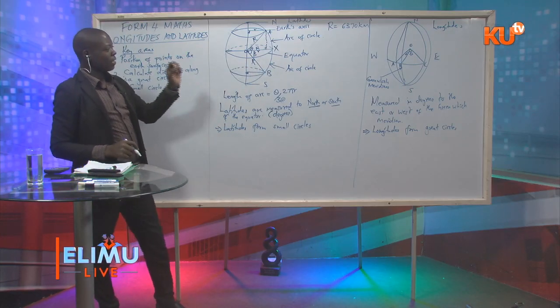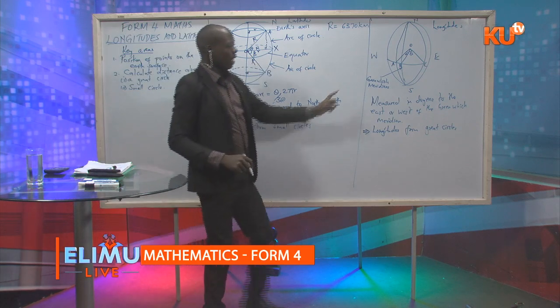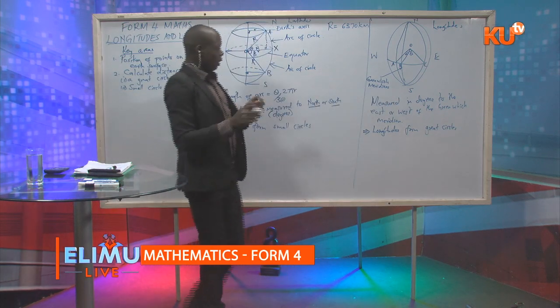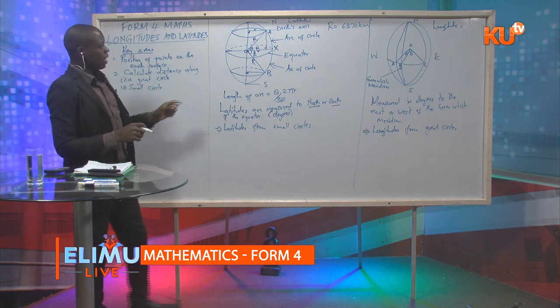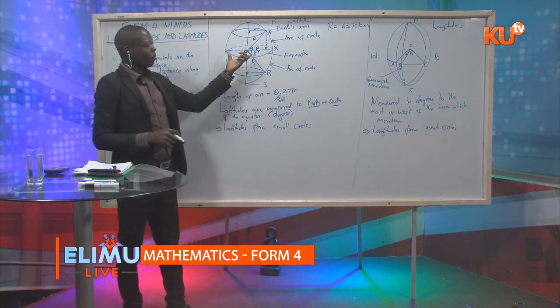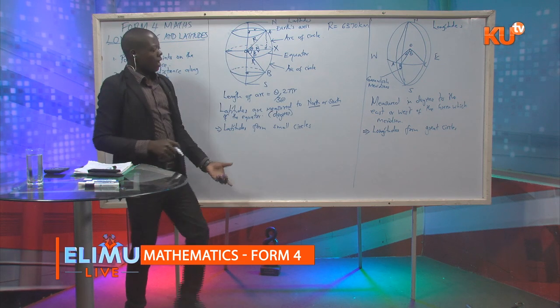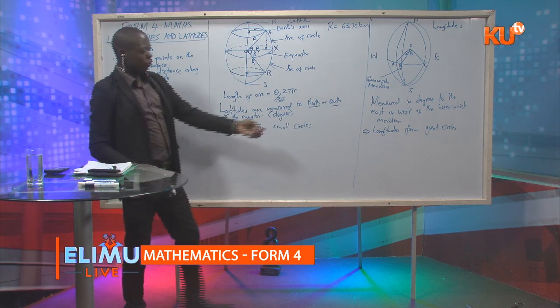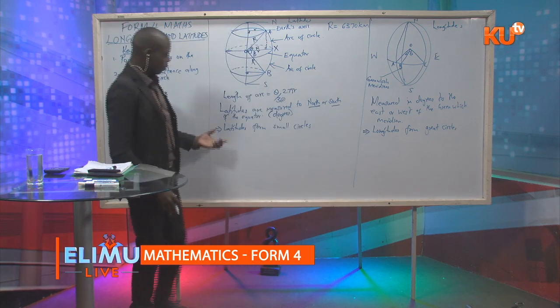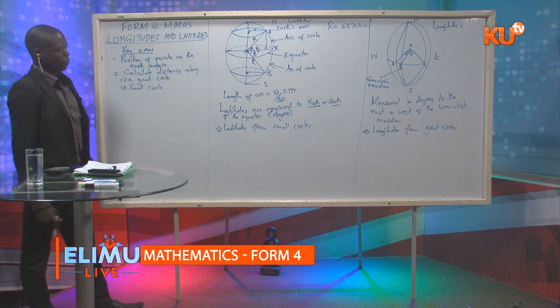The equator serves as both a small circle and a great circle. So if you are asked which circle is both a small and a great circle, it's simply the equator. But generally, longitudes constitute great circles and latitudes constitute small circles.